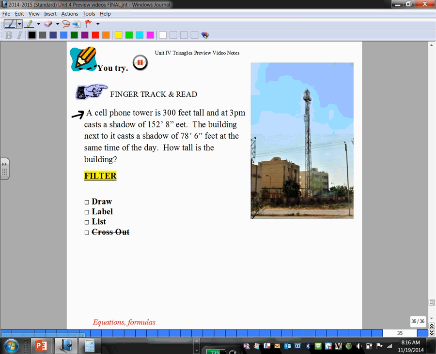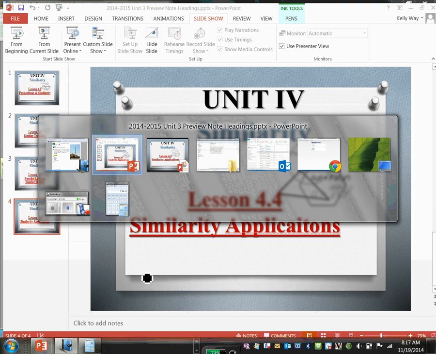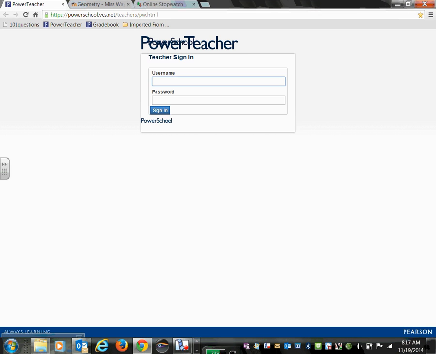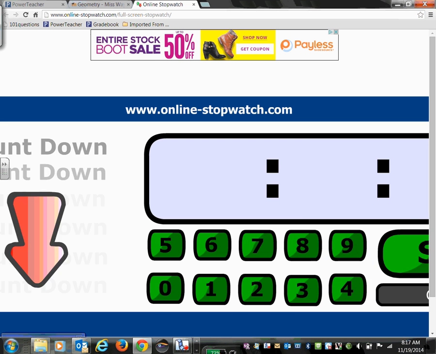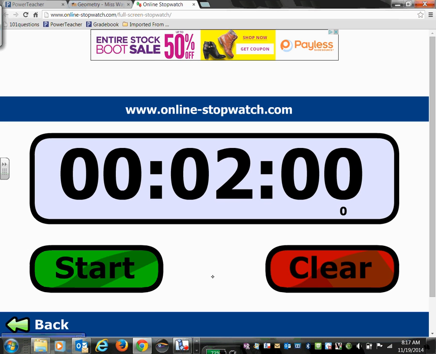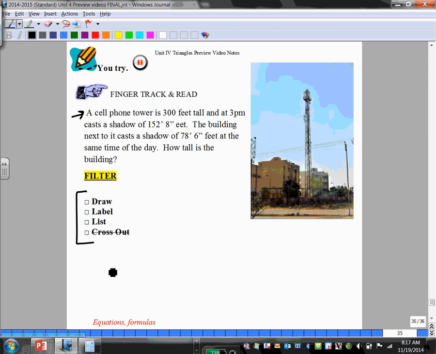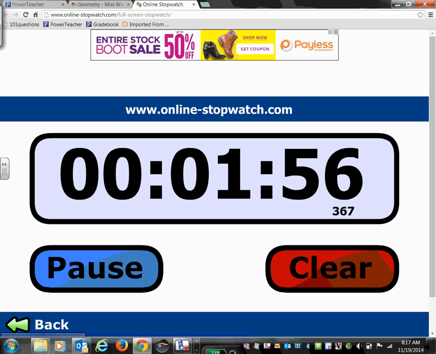How tall is the building? I'd like you to go through this. Draw, label, list, cross out yourself. I'm going to set the timer for 2 minutes, and I'll come right back and help you. There you go. Draw, label, list, cross out. 2 minutes, go.